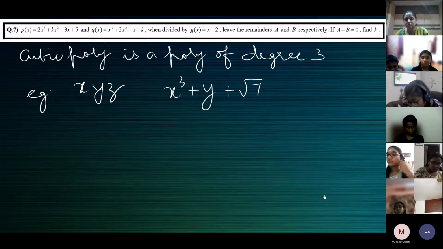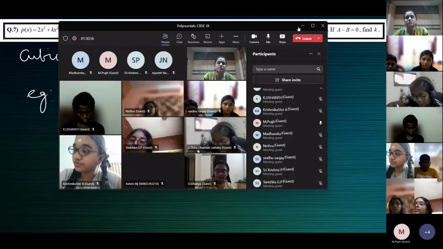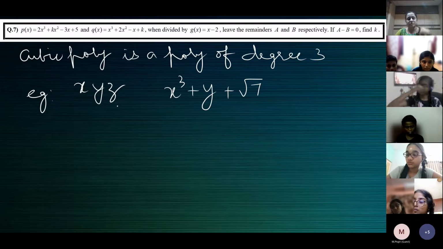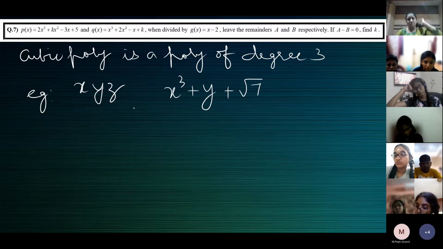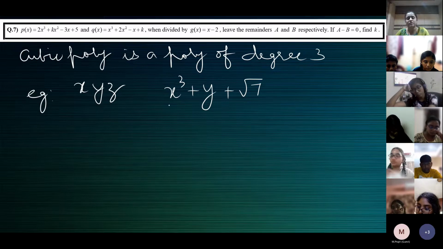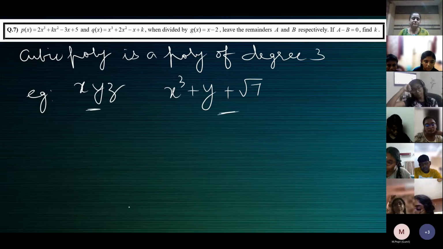Yes? xyz is a cubic polynomial because the degree is 3. 1 plus 1 plus 1 is 3. And this one also is a cubic polynomial. The next one is also a cubic polynomial. Degree is 3. This one is a monomial. This one is a trinomial. Now tell me if this is a cubic polynomial.